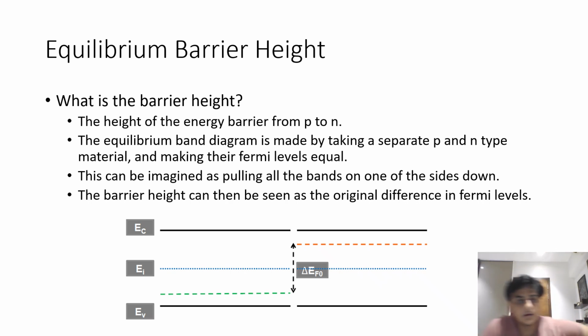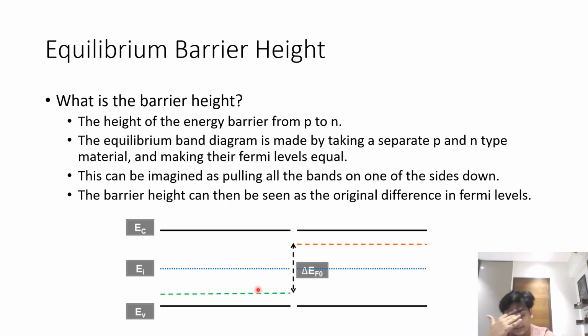So, for figuring this out, we want to figure out how this barrier height was actually created, right? This equilibrium band diagram that we made was made by taking a separate p-type material, like imagine this being a separate p-type material and a separate n-type material, like this is your n-type material, and then you make their Fermi levels align.